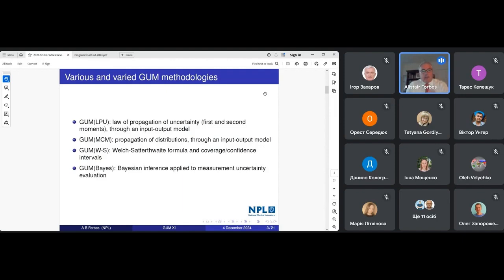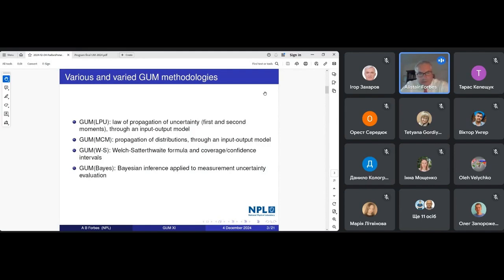The next GUM methodology is the propagation of distributions through an input-output model, where we assign distributions to the input parameters, sample from those distributions, and propagate those samples through the input-output model. So both the GUM LPU and the Monte Carlo approach use the same input-output model.